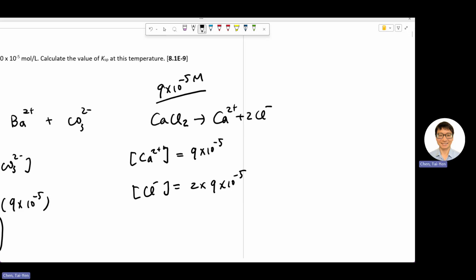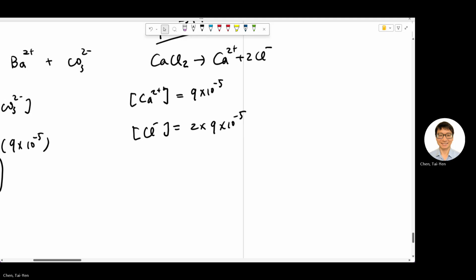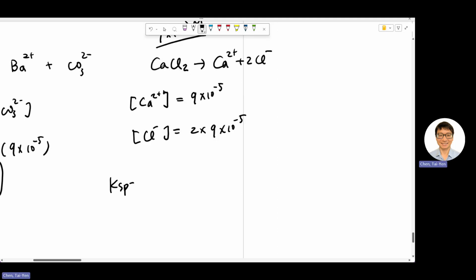This is the only time that you change the concentration for your ion, because the coefficient is not 1-to-1. Then the KSP will equal 9 times 10 to the negative 5 to the first power, times 2 times 9 times 10 to the negative 5 to the second power, and that will be the answer.